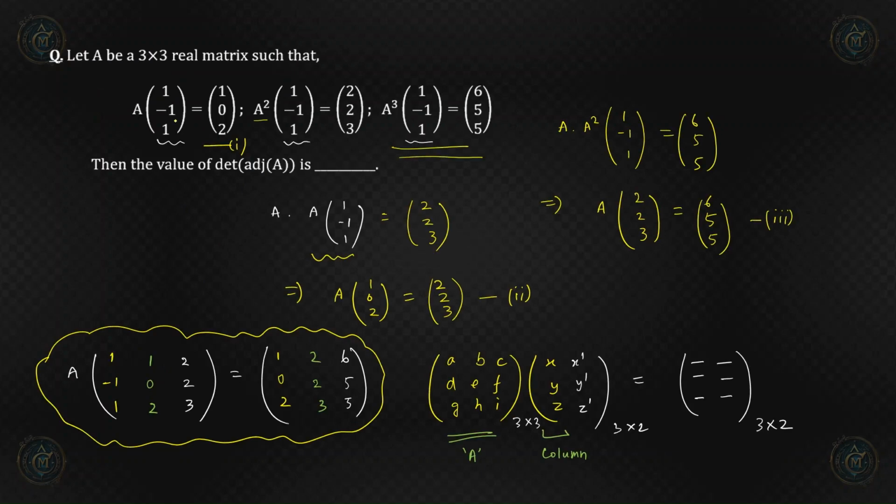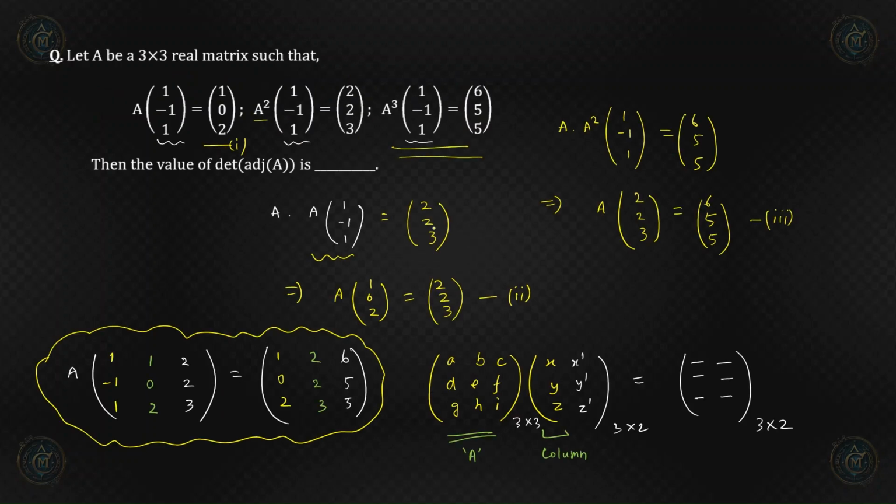So let's calculate this. If we take the determinant on both sides, we have determinant A times this determinant, 1 minus 1 1, 1 0 2, 2 2 3.